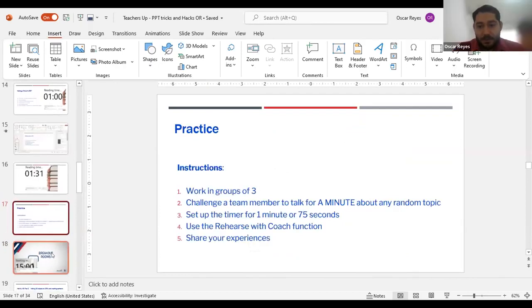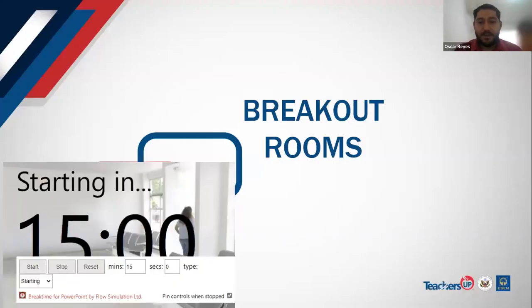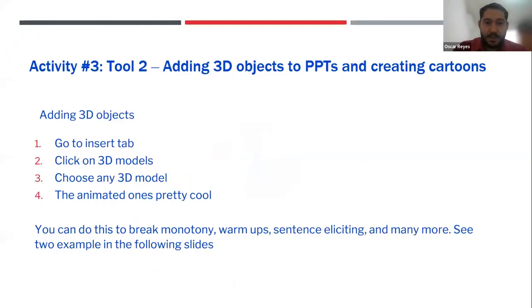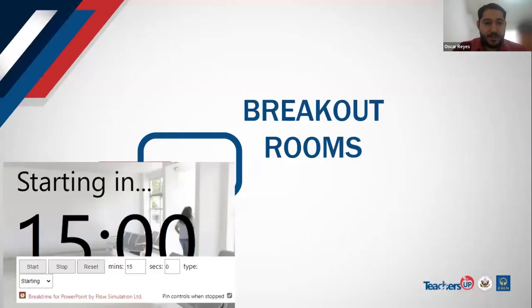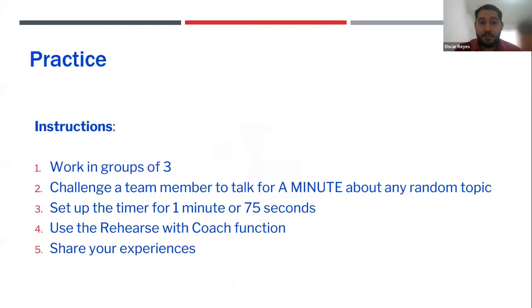Okay, and so now we're going to go to the practice. That was the first part of the session, that was from me. We're going to work in groups of 3. In the groups of 3, you're going to challenge a classmate to talk for 1 minute or 1 minute and a half about any random topic.